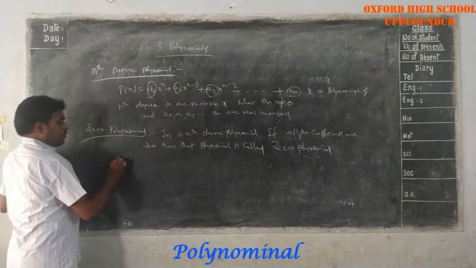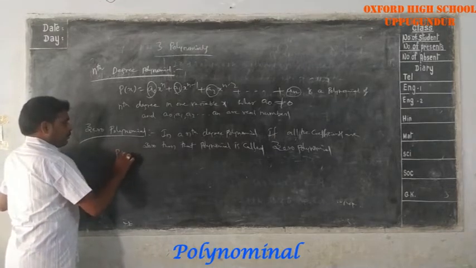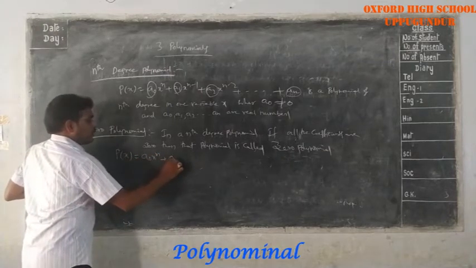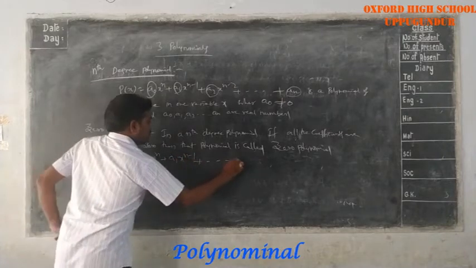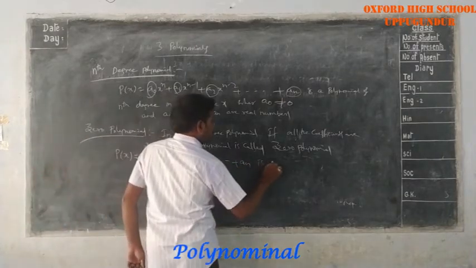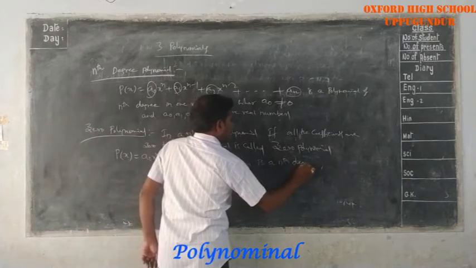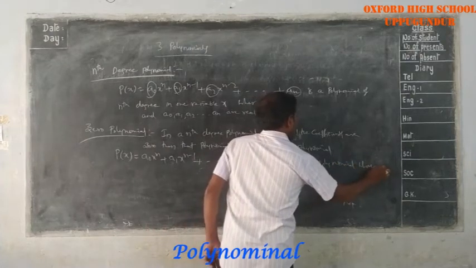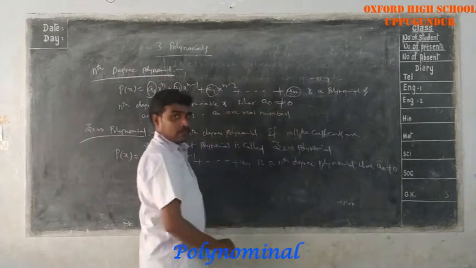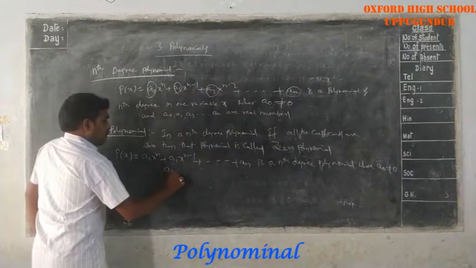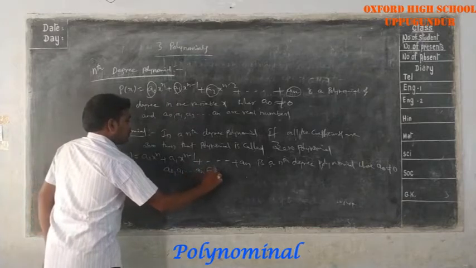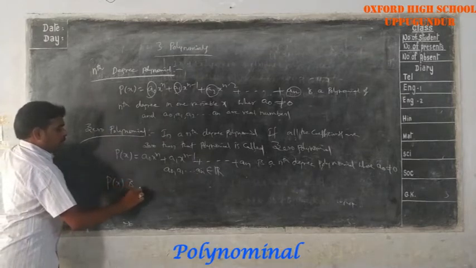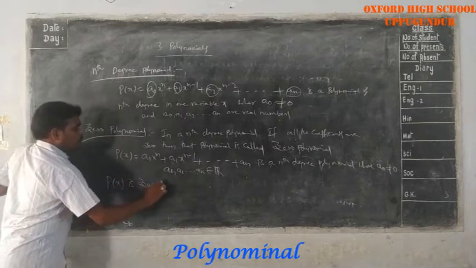In other words, p of x equal to a0 x power n plus a1 x power n minus 1 plus and so on plus an is an nth degree polynomial where a0 not equal to 0, and a0, a1 and so on, an belong to R. So p of x is zero polynomial.